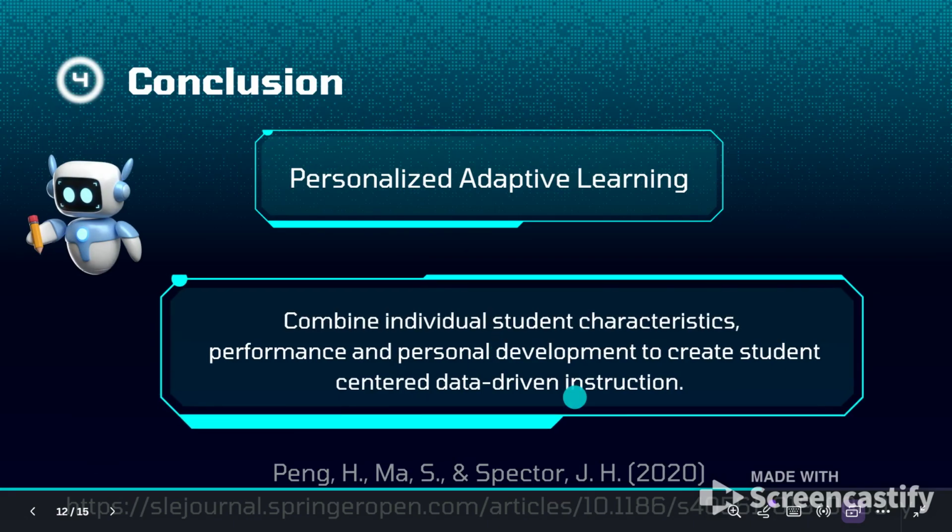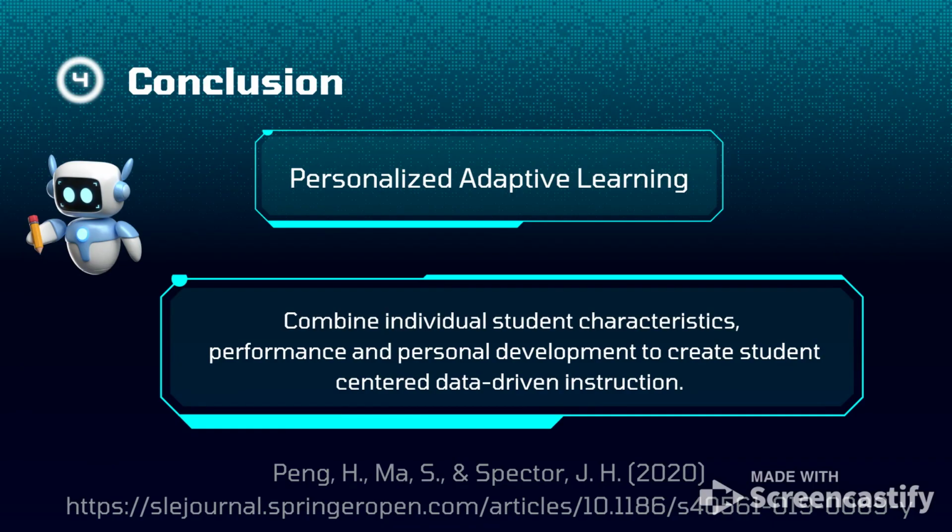To summarize, because I'm going a little long this time, AI is an exciting form of technology that is rapidly advancing and has limitless applications for education. AI has given us the data-driven power to individualize learning and create personal curriculums and experiences for our students by combining student characteristics, skill level, and personal growth rates.